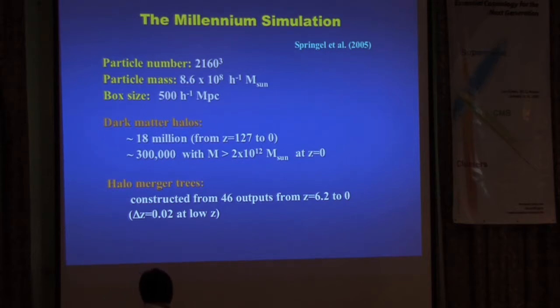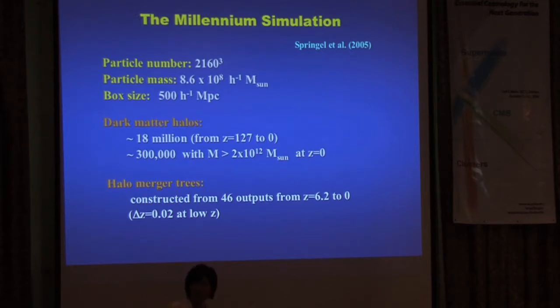They provide a halo catalog, and from the beginning of the simulation to the end, there are about 18 million halos, I think with more than 25 particles or so. Out of these, at redshift 0, there are 300,000 halos with masses comparable to the Milky Way halo or above.